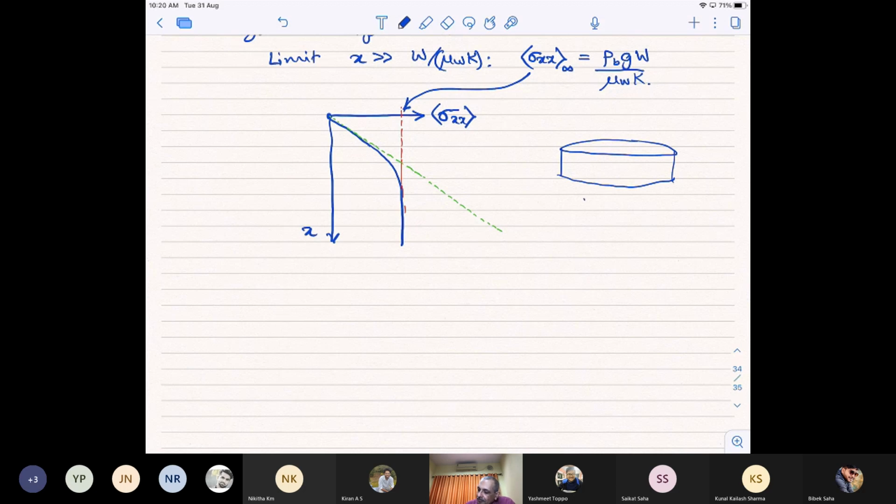But if you look at silos for grains, I don't know if you have seen this anywhere, but sometimes in pictures you might see it. So it's tall and thin.